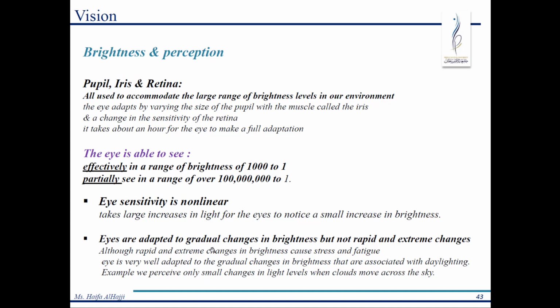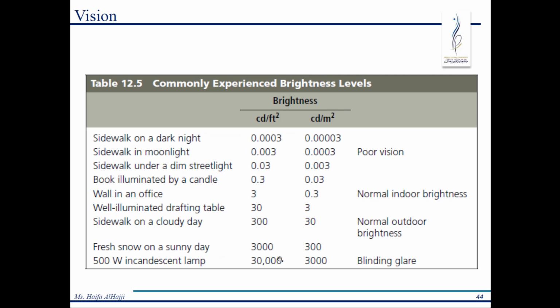Now, the eye's adaptation to the brightness range is not linear as well. As you remember in acoustics, the ear's sensitivity to sound wasn't linear either. For example, a level of lightness multiplied by 10 is not perceived as 10 times brighter, but maybe only twice as bright.